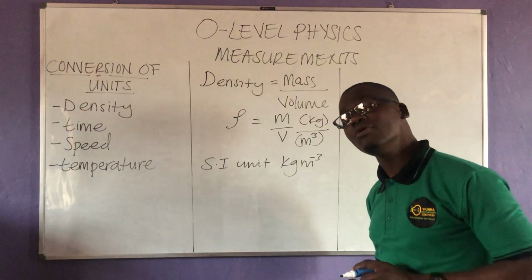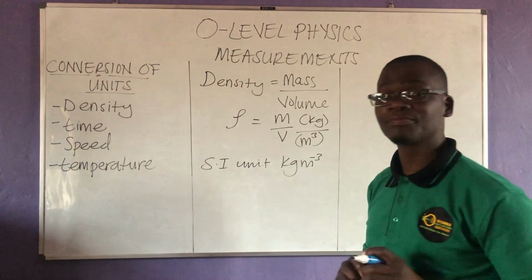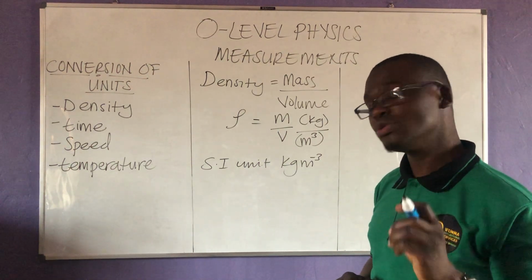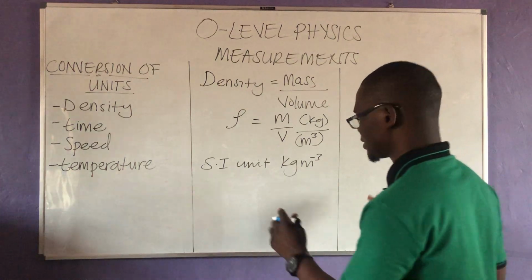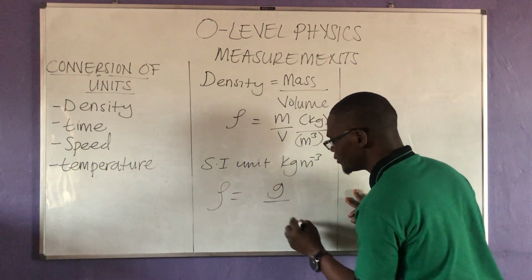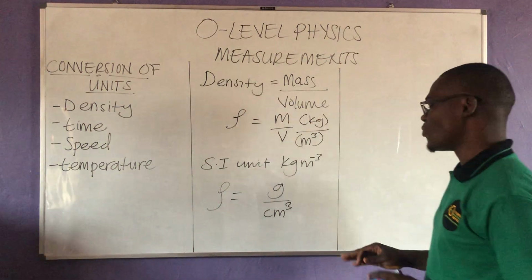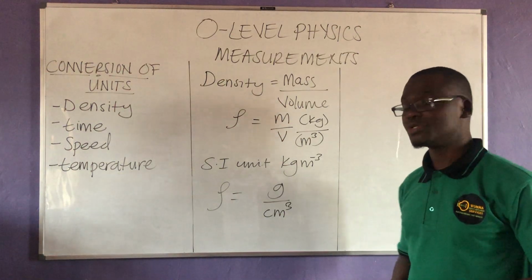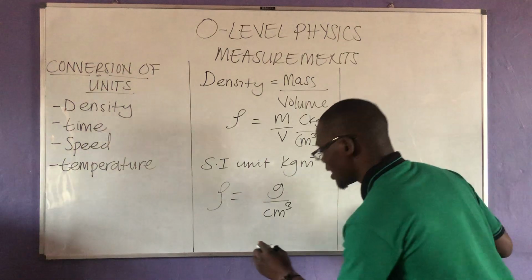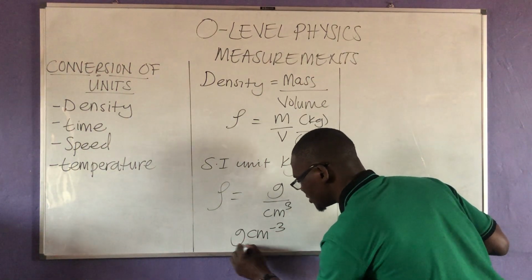However, we can also measure mass in grams and volume in centimeter cubed. In that case, we shall have our density in grams over centimeter cubed. And when we combine this, we shall have our other unit of density as the gram per cubic centimeter.